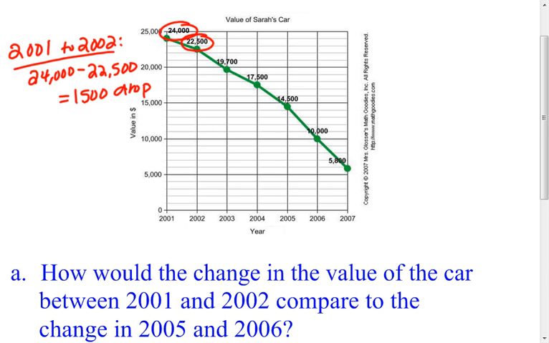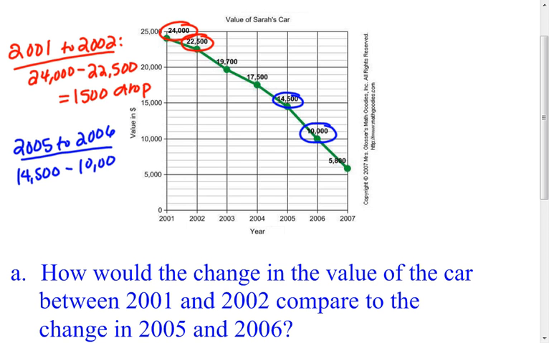Then if I look at 2005 to 2006, I'm going to do that in a different color. 2005 right here is a $14,500 value in the car. And then 2006 is a $10,000 value in the car. And if I subtract those, then of course I have a $4,500 drop.